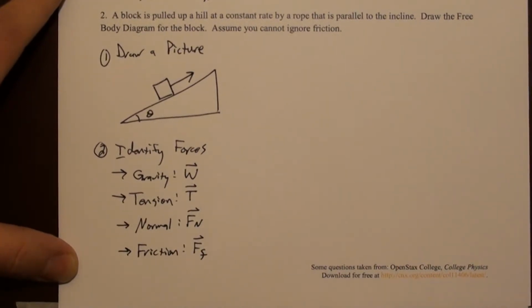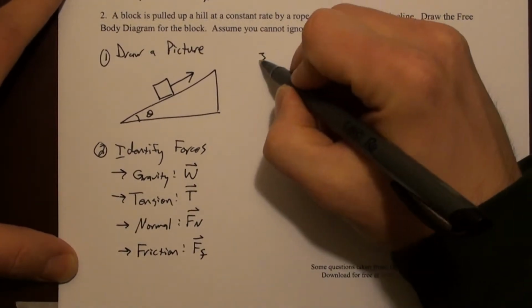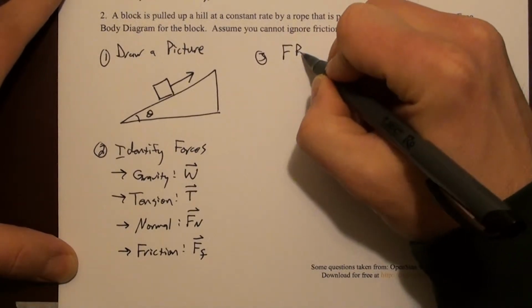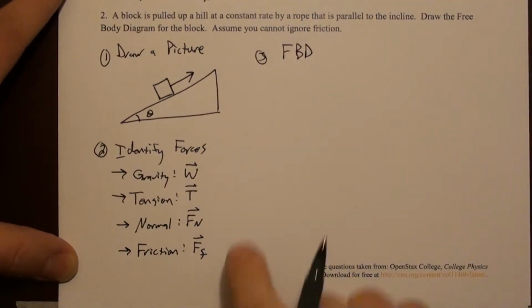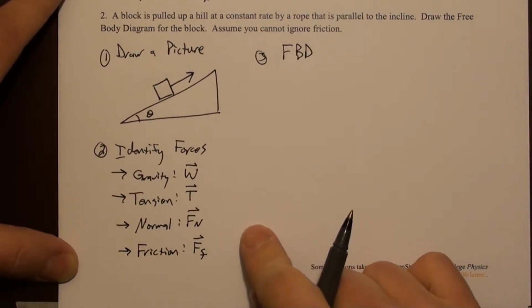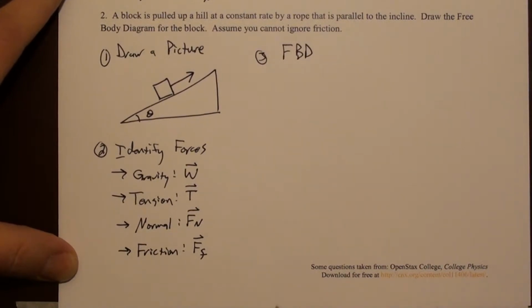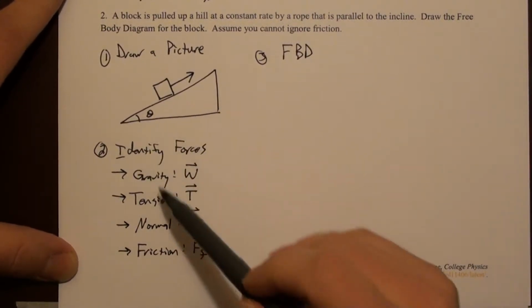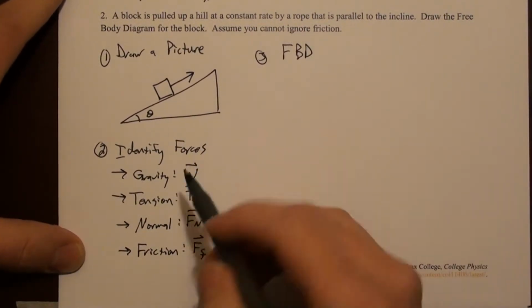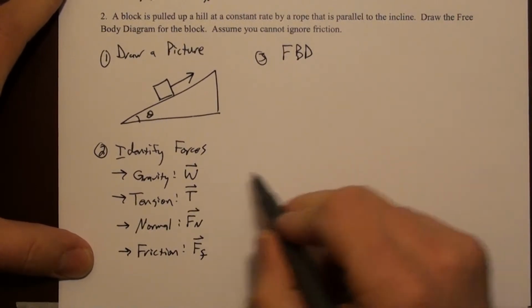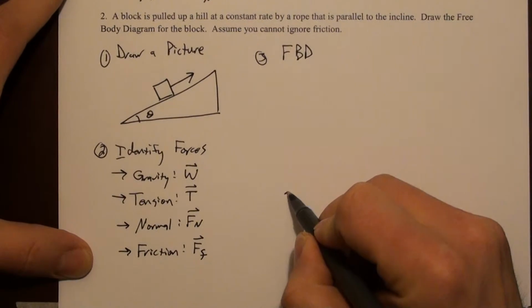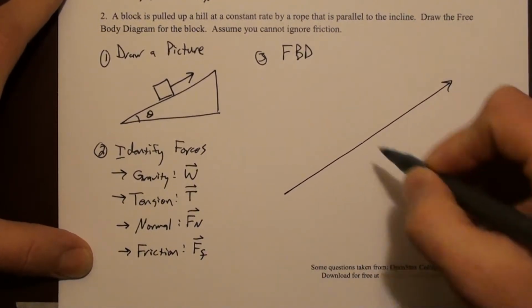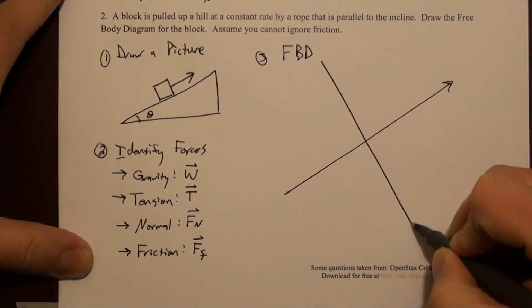Okay, now that we have our list of forces, we can draw our free body diagram. So the axes for these, it makes sense to tilt this. Okay, we don't have to, but it's strongly suggested by the setup of the problem, right? So let's draw this nice and big.